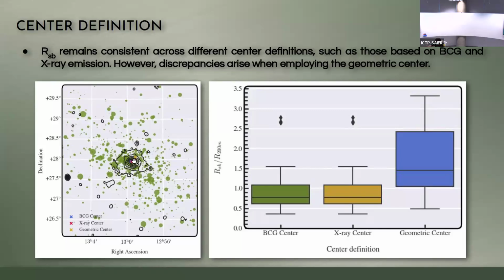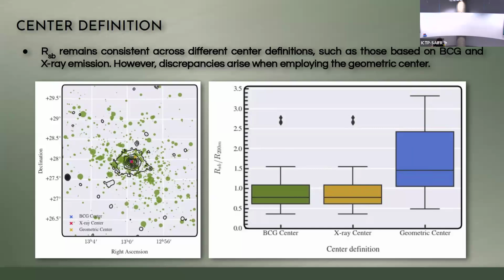And in yellow here is the geometric center. It has a little bit of offset. So the BCG and the X-ray center are pretty much the same, but the geometric center is really higher. I don't know if it's a real problem, because geometric centers are not really used. It's not the best choice. So I don't think it's a problem, it's just something good to know.